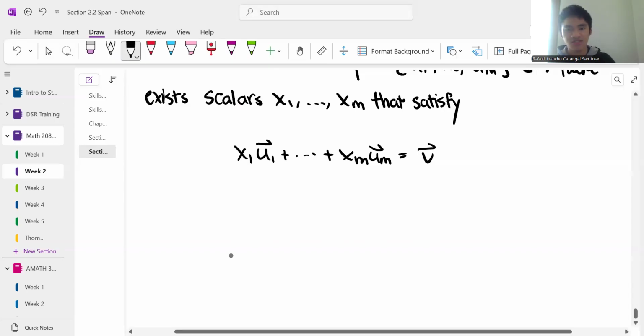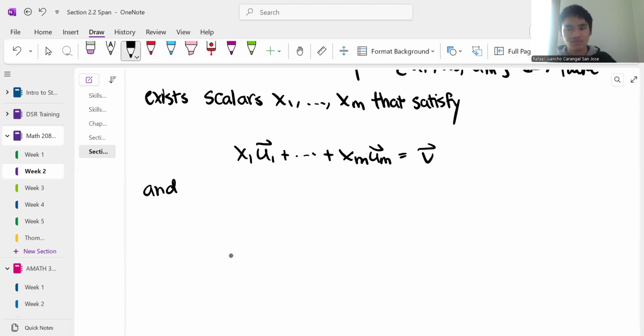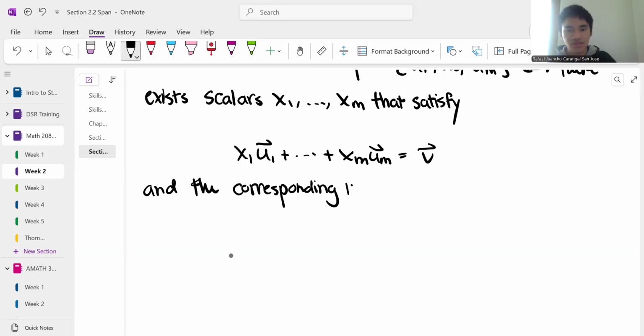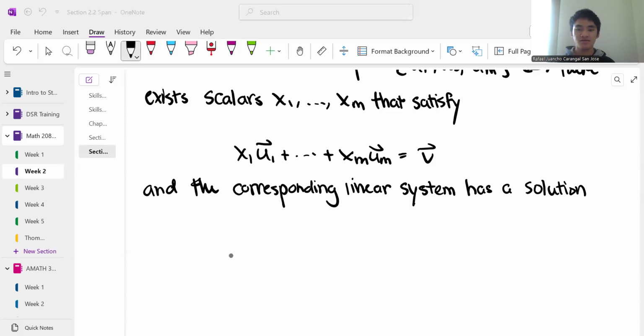So we can write it as this, and the corresponding linear system has a solution. If it has a solution, then we know that we can put scalars in there, and we know we can write a linear combination. That's it. That's the proof.